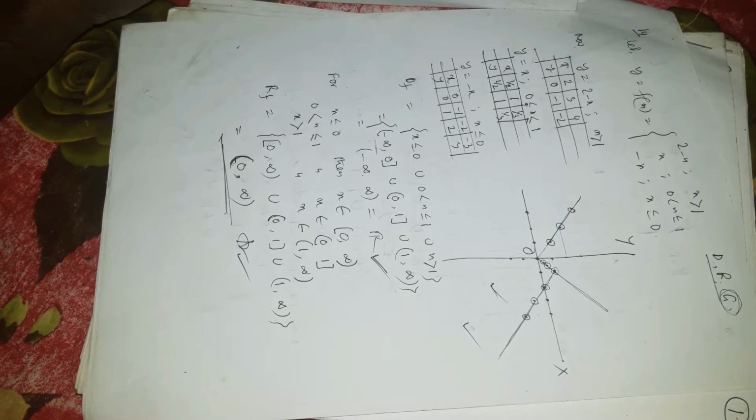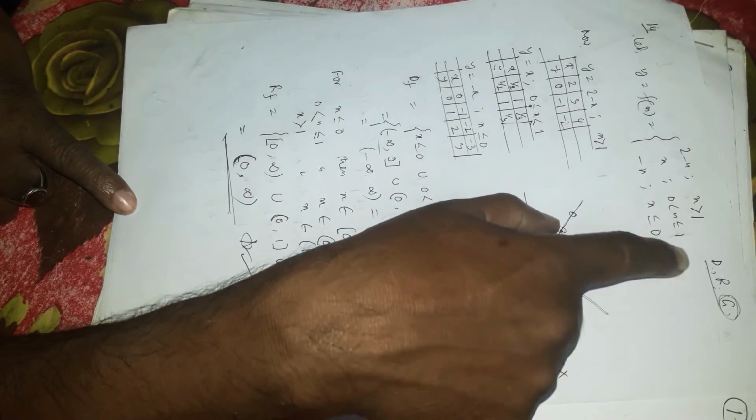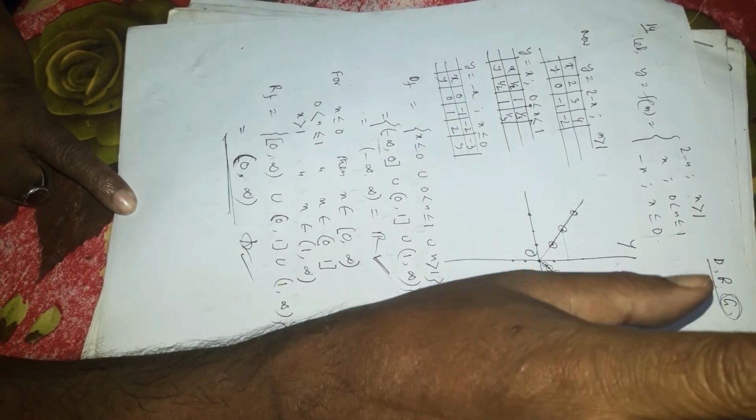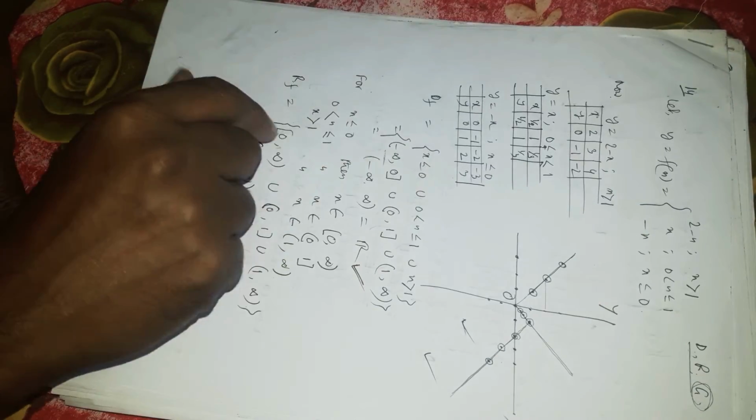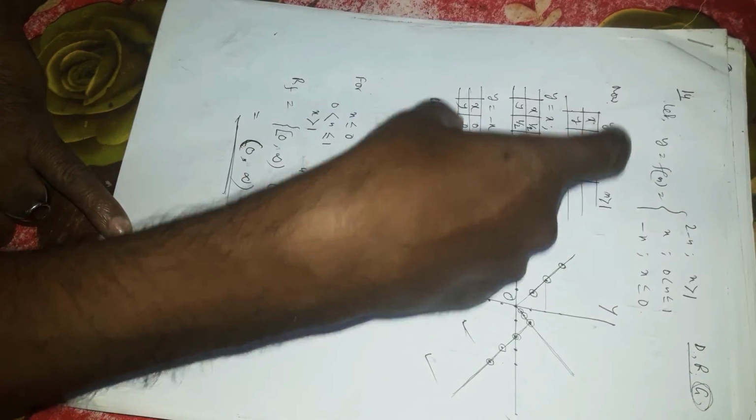You have to watch this question: draw the graph of the function f, which is defined as follows. Then we have to clear this graph, domain and range. All friends, clear this method, graph, domain and range, mainly this system.